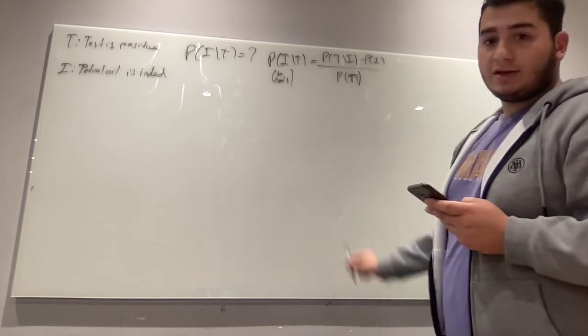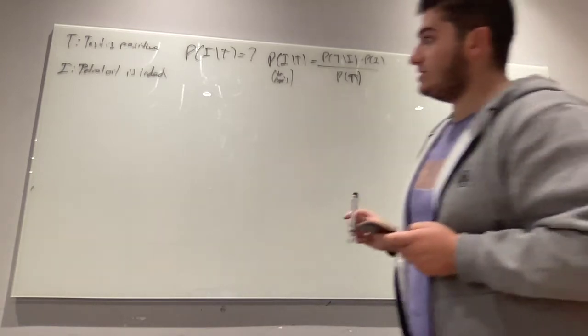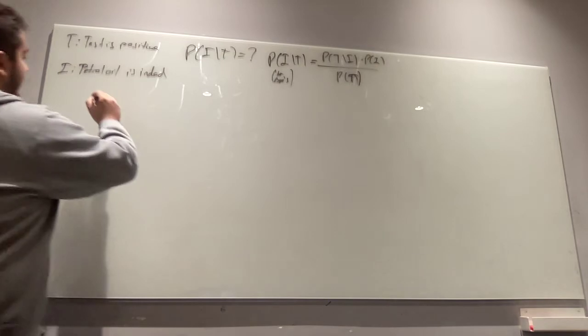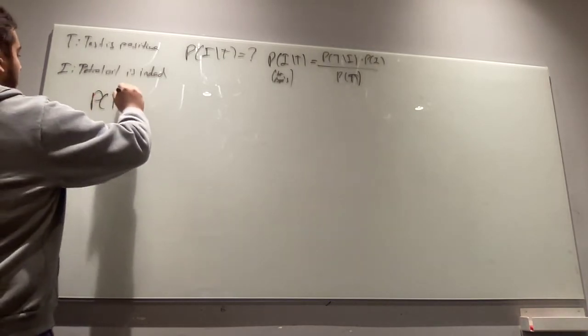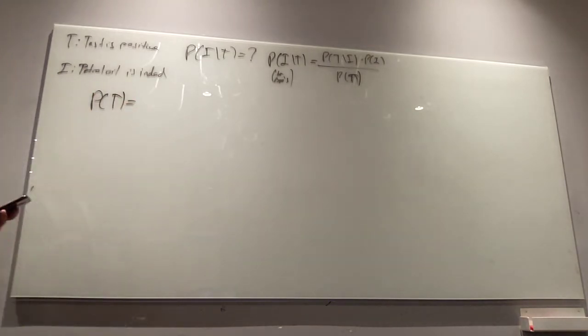So, firstly, calculate the probability of T. It might be long. Probability of T is connected to possible events, whether the oil is indeed present or not present in the test area.